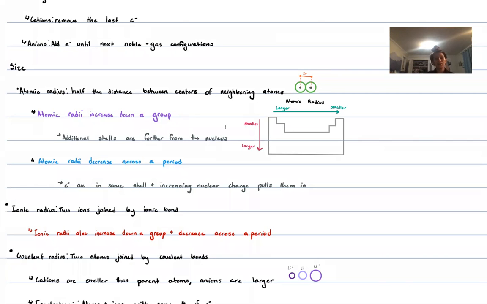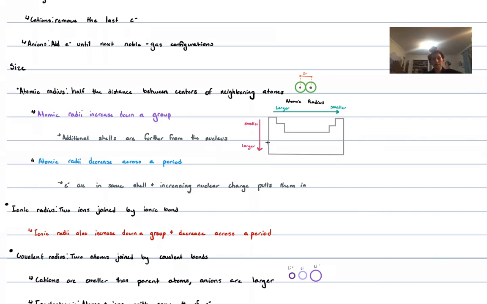And know that they increase down the group. As we go down this way, we're going to see larger and larger atomic radii because each time we change rows, we're jumping to a new energy level, and every time we jump to a new energy level, we keep getting bigger and bigger.